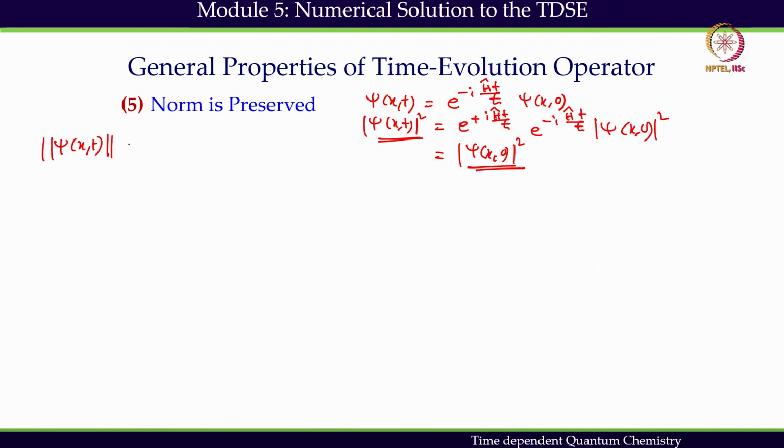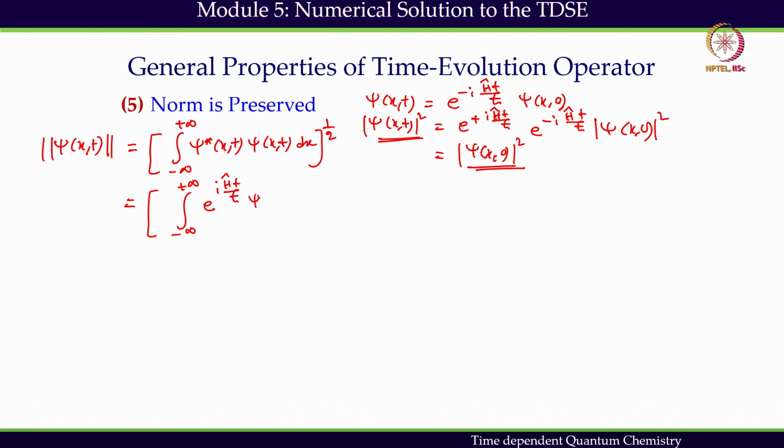We can explicitly prove it as follows. Norm is represented by these double vertical lines, and we have seen the definition of norm in the previous module, that is nothing but the integral of psi star x t psi x t dx to the power half. That's the definition of the norm. Now I employ time evolution here, so that's going to be e to the power i H cap t by h cut psi star x 0.